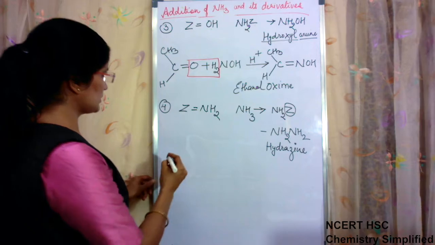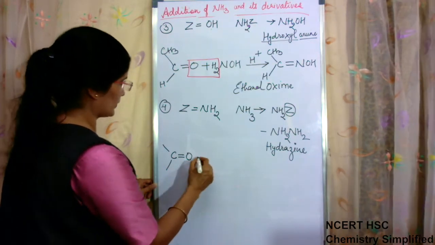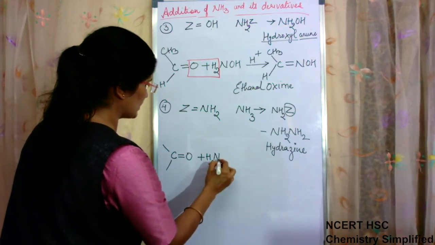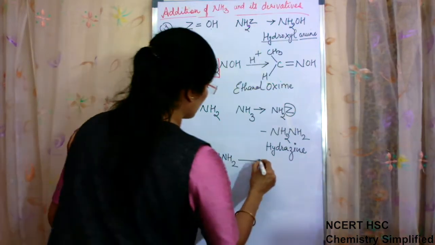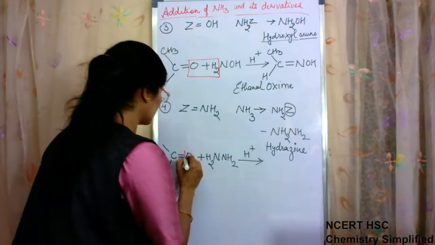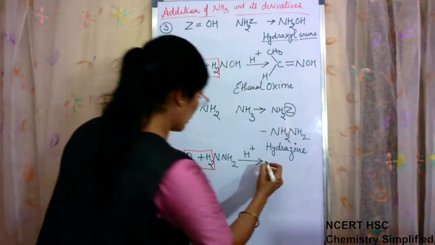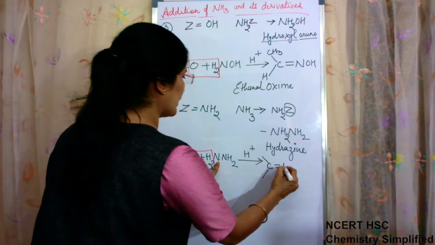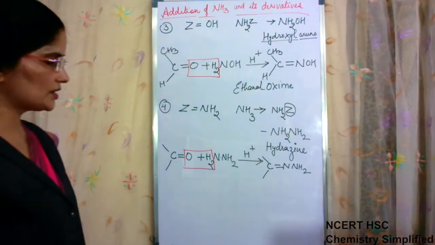Now for the reaction with this, when aldehydes or ketones react with hydrazine, again I will write H2N, NH2 first, then in presence of acid, water is lost and the product is C double bond N, and what is left over is NH2. This is your product.